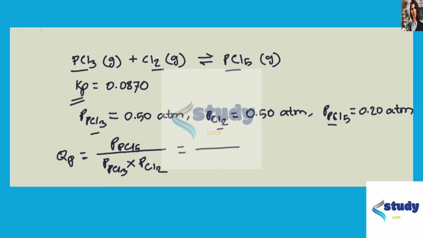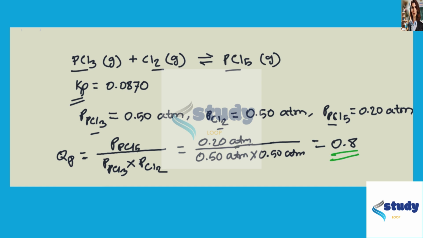If we just plug in the values, it will be 0.20 atm over 0.50 atm times 0.50 atm. And this will give us a value of 0.8. So this is the value of the reaction quotient in terms of pressure for this reaction.